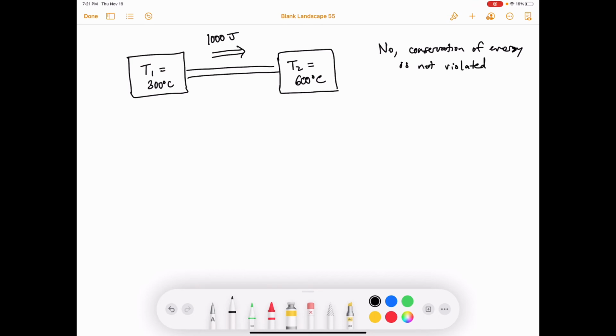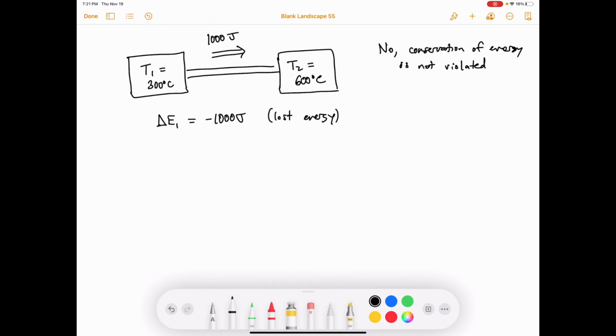And the reason is pretty simple. Energy is just moving from one place to another. It's not like we've created energy out of nothing or destroyed existing energy. Energy is actually conserved here. So if we think about it, block number 1 is losing 1,000 joules of energy because heat is flowing out of that block. So we can say for block 1, delta E1 is minus 1,000 joules. So it lost energy.